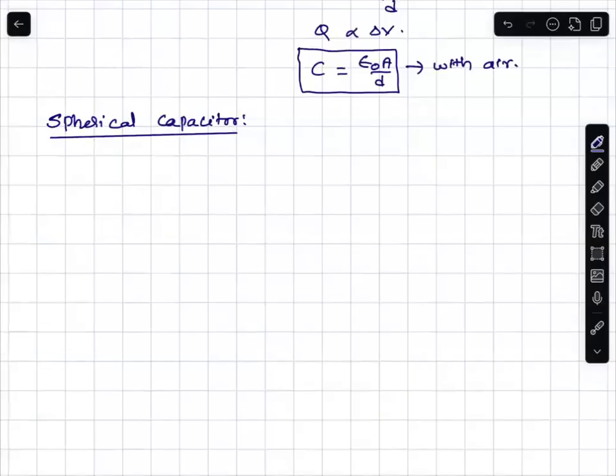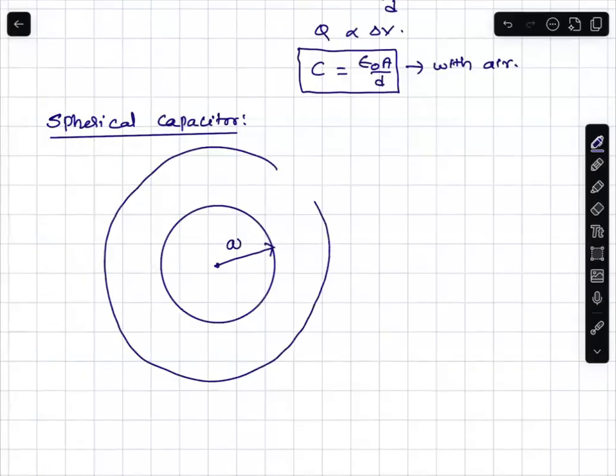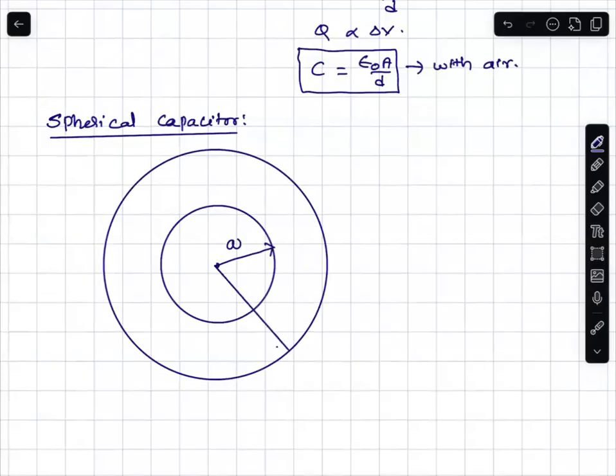This is a spherical capacitor of radius a, and the outer one of radius b.